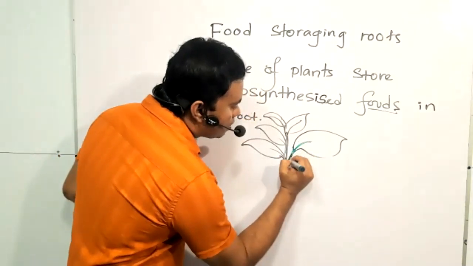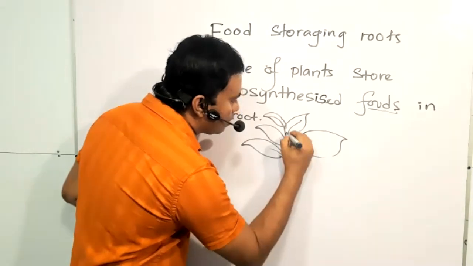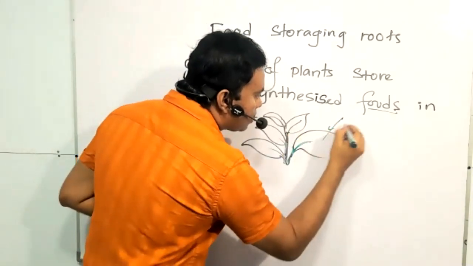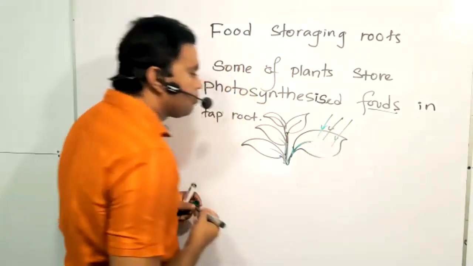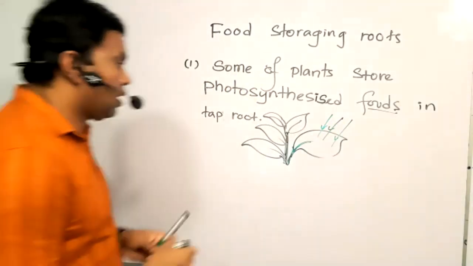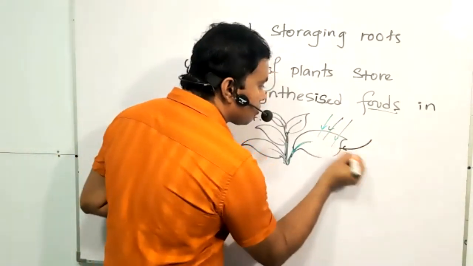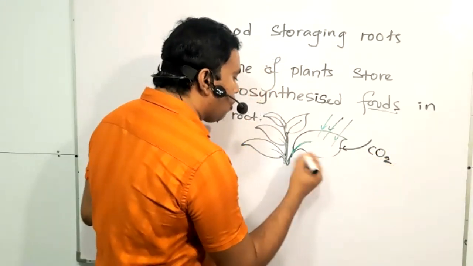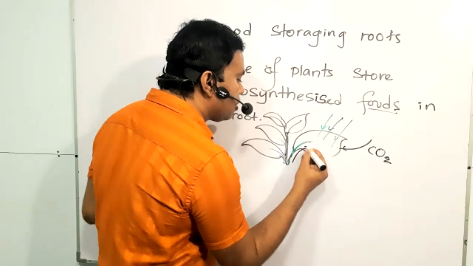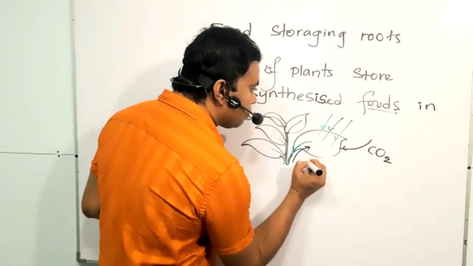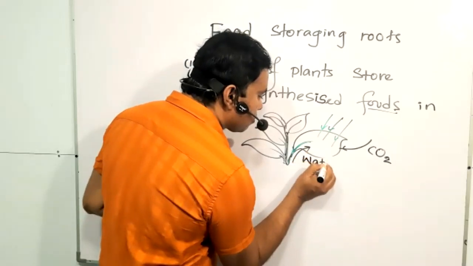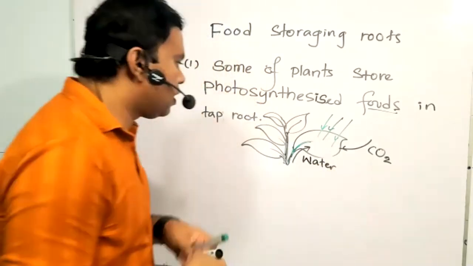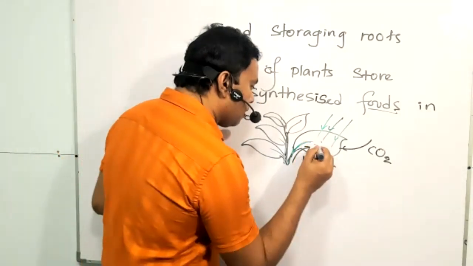In the daytime, this photosynthesis process happens, so light comes to the plant, along with carbon dioxide and water. What is taken from the soil is water. This plant contains chlorophyll pigments.